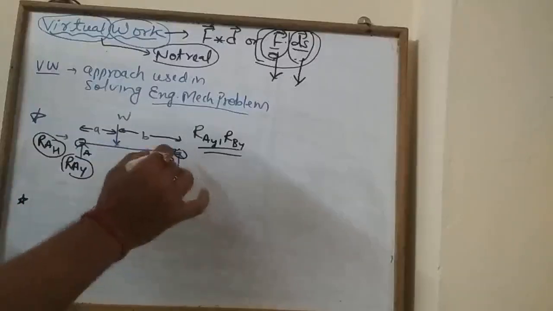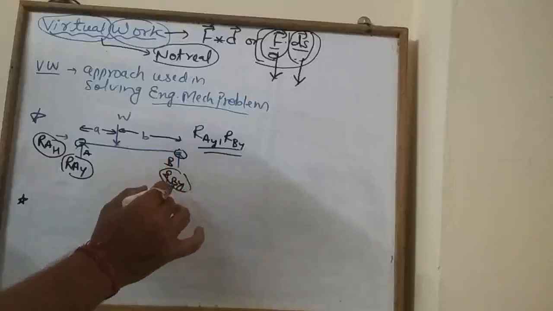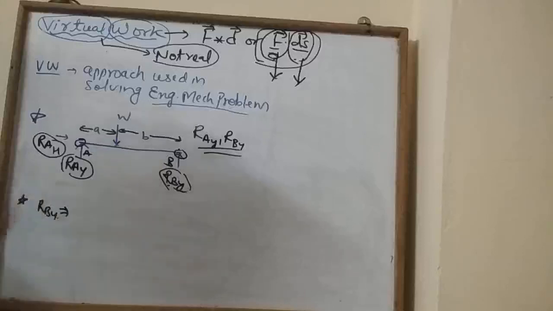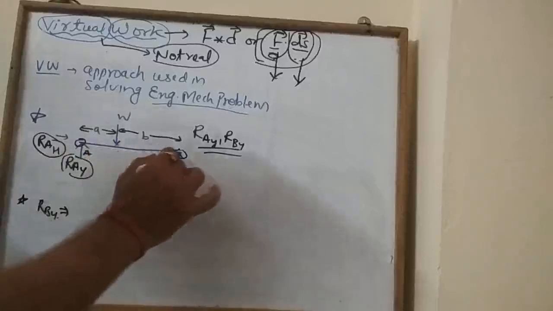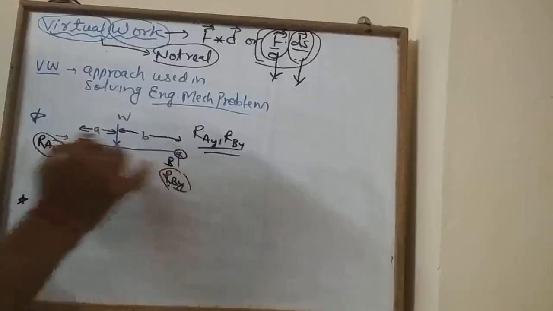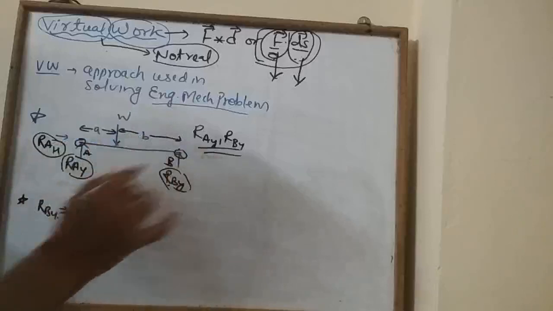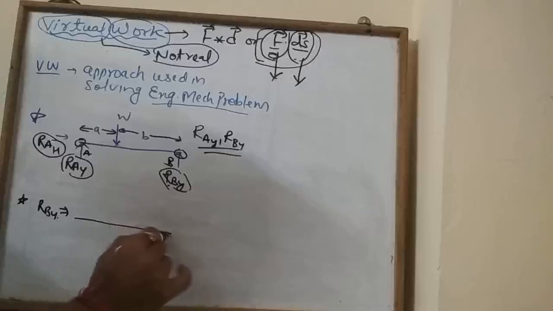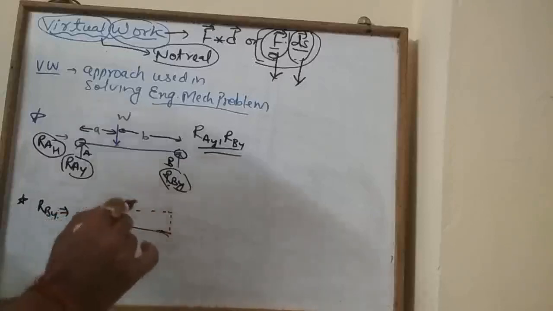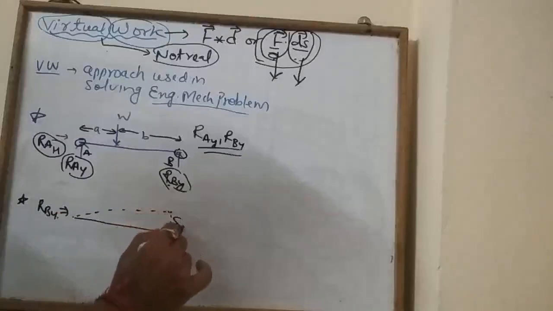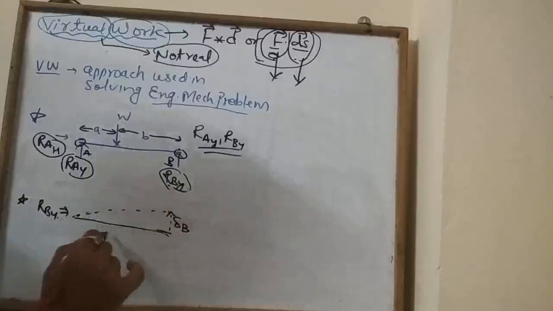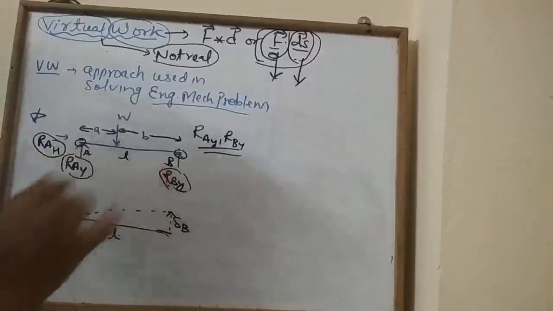Now if we have located the point of application of this force at B, and if we intend to calculate RBY first, then we should displace the point B by delta B. This is the length of the beam.